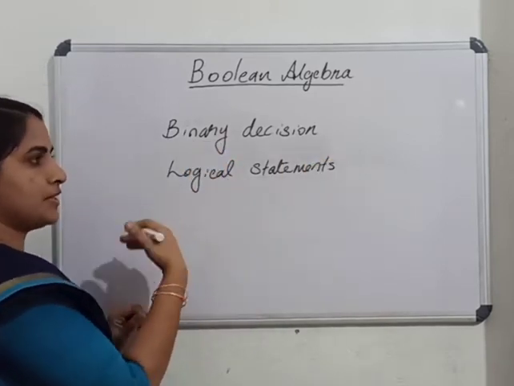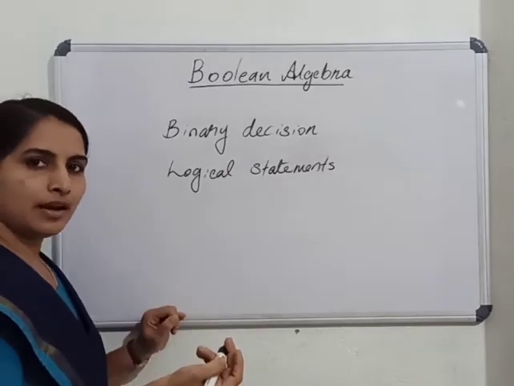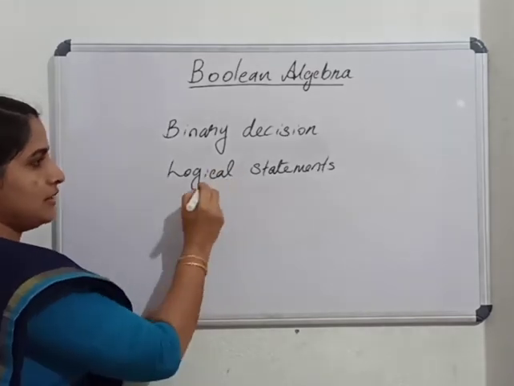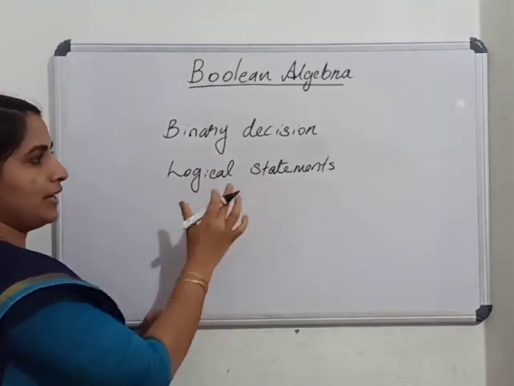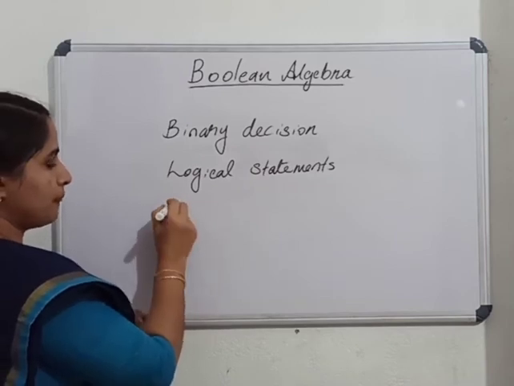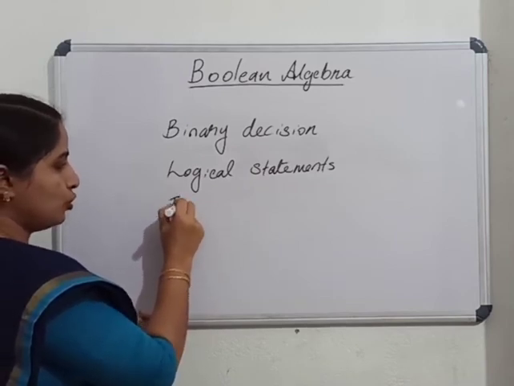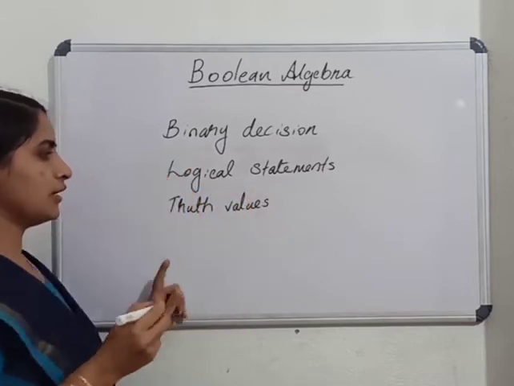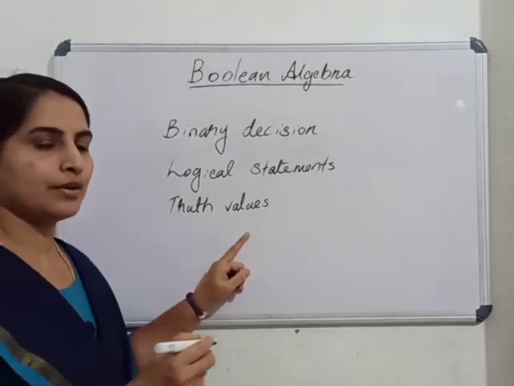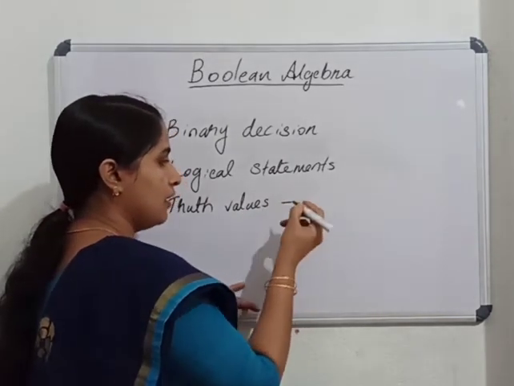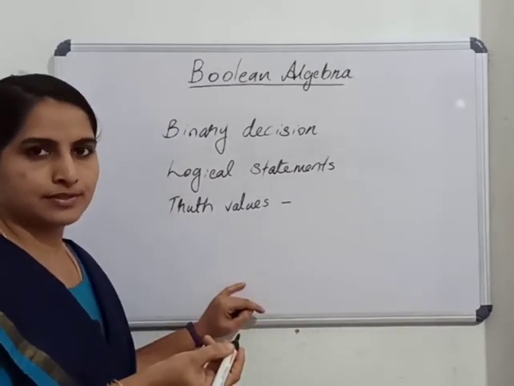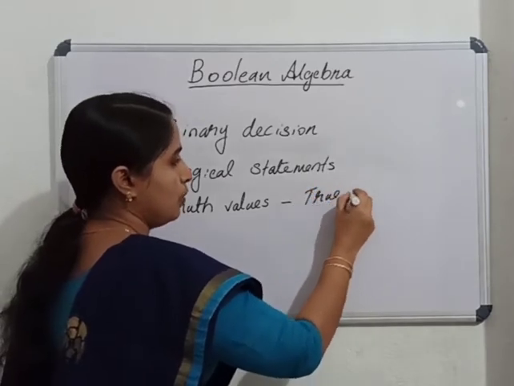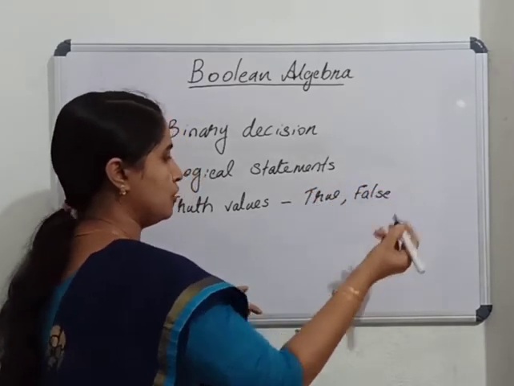These logical statements may have two possible values, called 0 or 1, yes or no, true or false. The result of a binary decision is called a truth value. So the truth value can be either true or false, or 0 or 1.